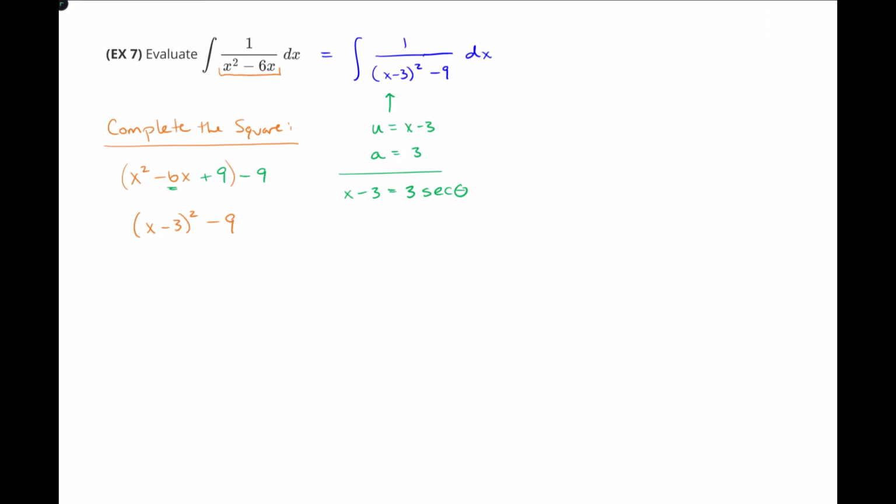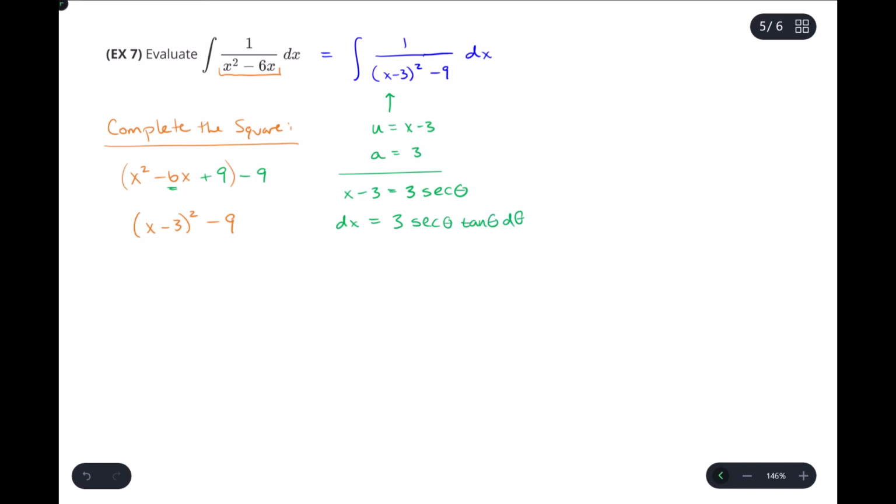All right, then differentiating both sides, the derivative of x is just dx, derivative of a constant is 0, derivative of 3 secant theta would be 3 secant theta tangent theta d theta. So here I am basically at my first step, deciding on the substitution to use, and then I'm going to go to my second step in the process, which is to find a way of using that to make substitutions in the problem.